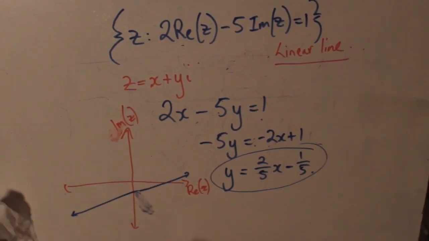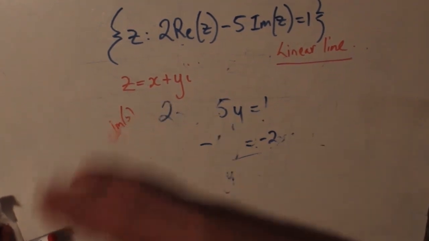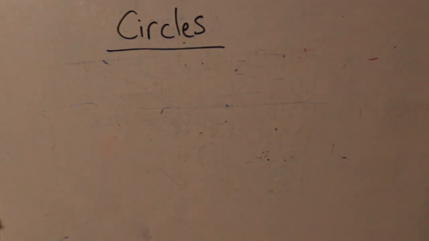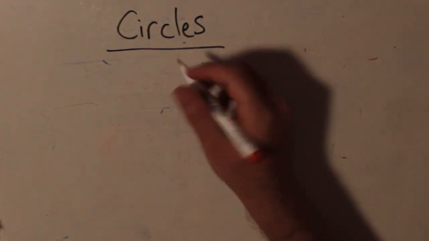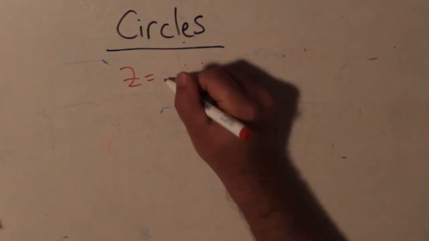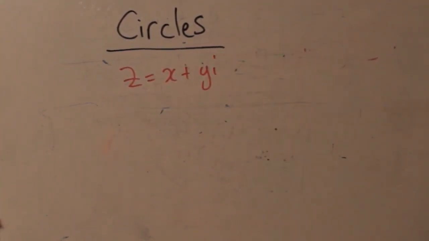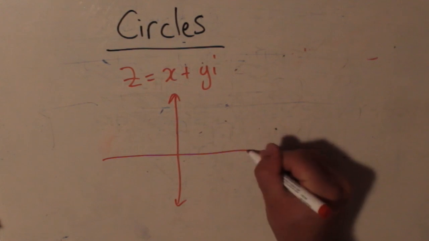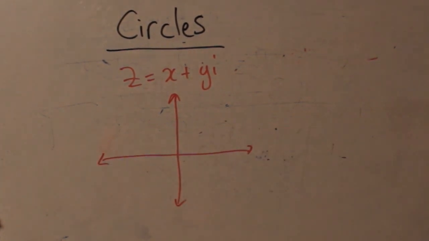All right, next one. Let's have a look at the next example. We're up to circles. So how are we going to get a circle on the complex plane? Circles. The way to get a circle, if we think of Z being x plus yi, is this: on the complex plane, the magnitude of Z gives your distance from 0, or the origin.